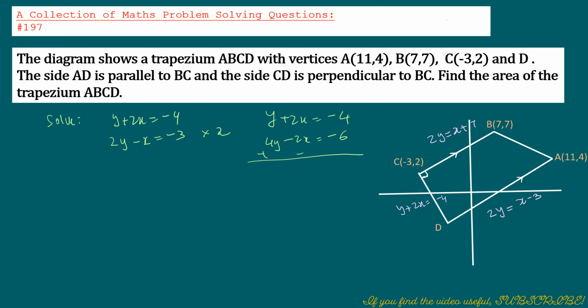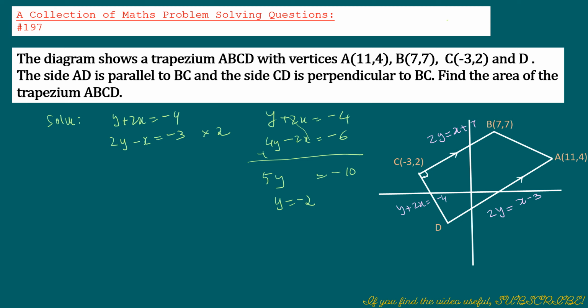If we add them, the 2x terms cancel out, and we get 5y equals minus 10, so y is minus 2.